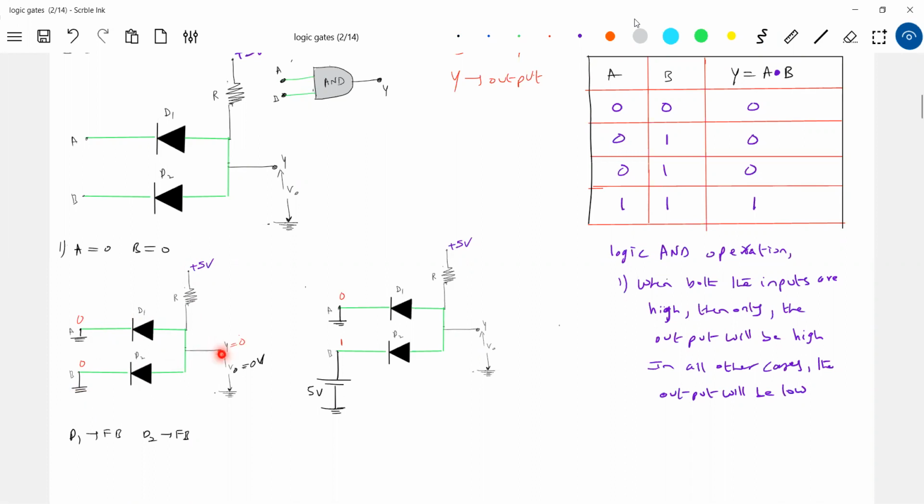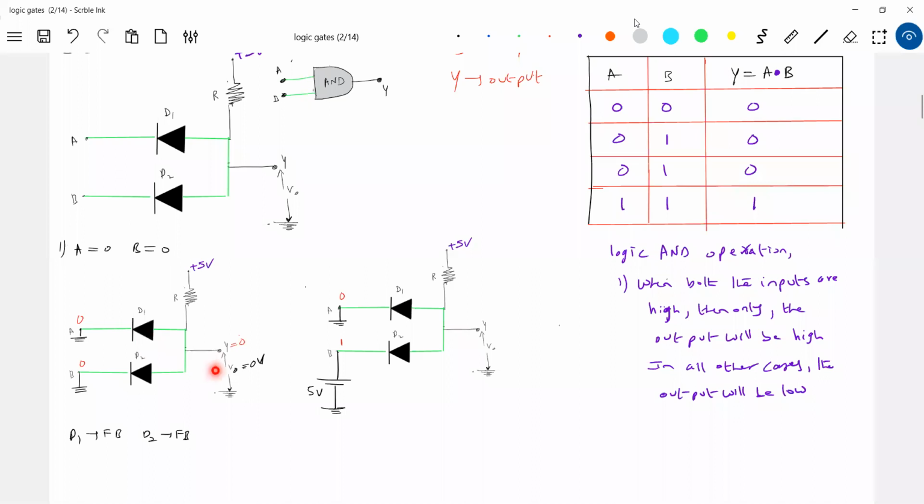No current will come here. If there's a short circuit, then what is the voltage at this point? That will be the voltage here. Oh no, sir, a diode drops 0.7 volt forward. Okay, let it be.